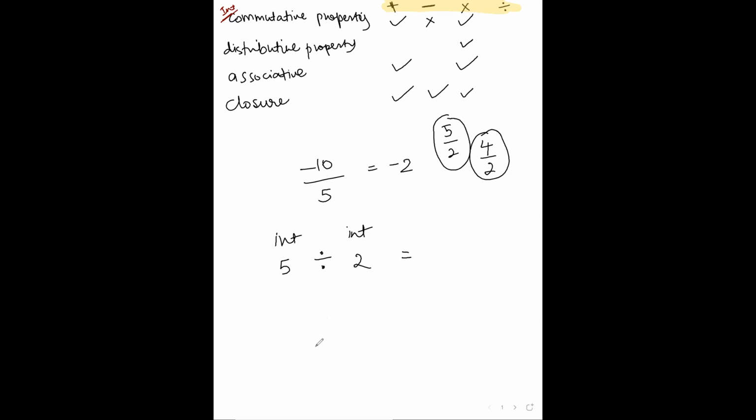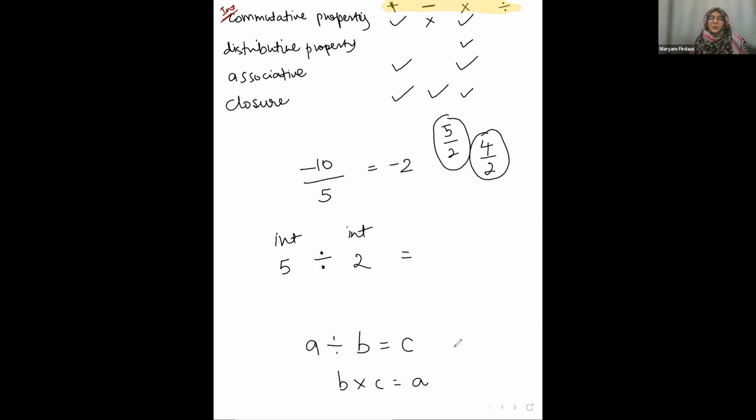Hiba, when we say that A divided by B is equal to C, what does that mean? It means that B multiplied by C will give you A. What do I mean by that? Let me just give you an example to clear things out.